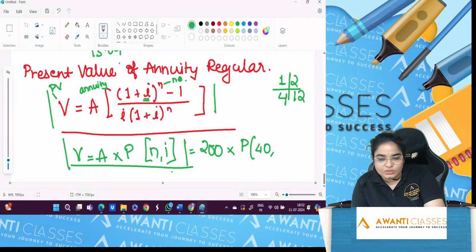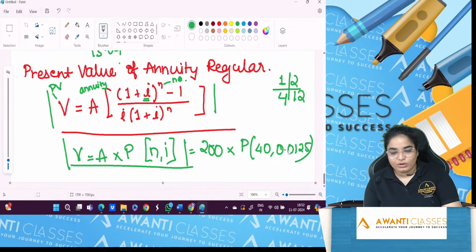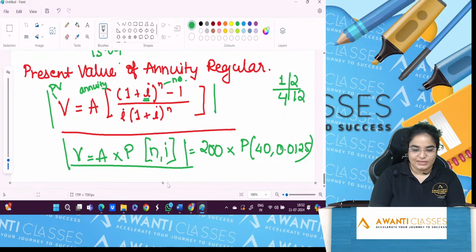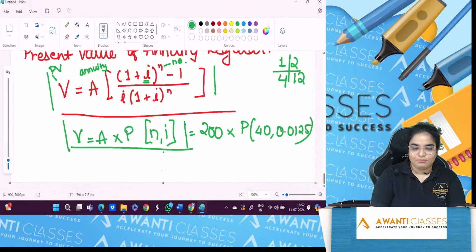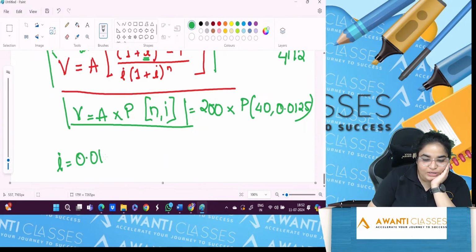Yes or no? When you do this, it is very simple. In your calculators, ladies and gentlemen, simply do this. Take the interest. Interest is how much? 0.0125. Yes or no?